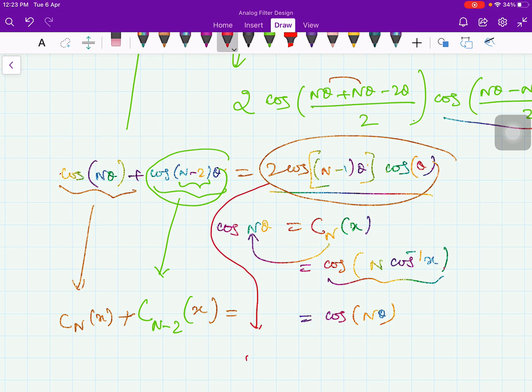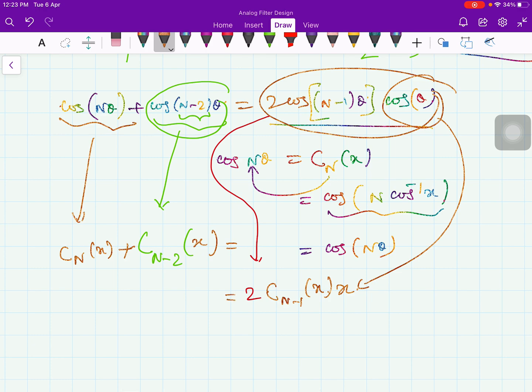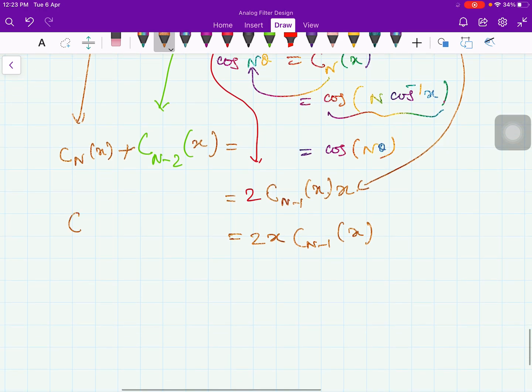The right hand side, 2 times cos n minus 1 theta becomes Cn minus 1 of x, and then this cos theta becomes x. So the right hand side you have 2x Cn minus 1 of x. The left hand side, Cn of x plus Cn minus 2 of x.